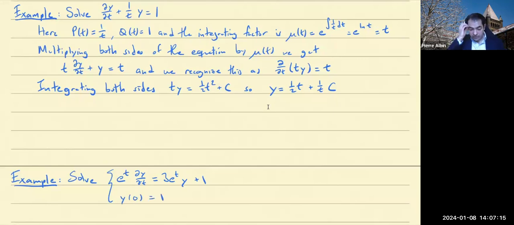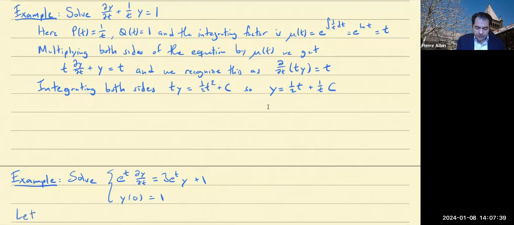Okay, so notice that in the previous example, the equation was given to us exactly the way we'd expect, dy by dt plus p of t y is equal to q of t, whereas this equation is not quite yet in that format. So the first thing we want to do is put it into this normal form, into the format we're used to, right?